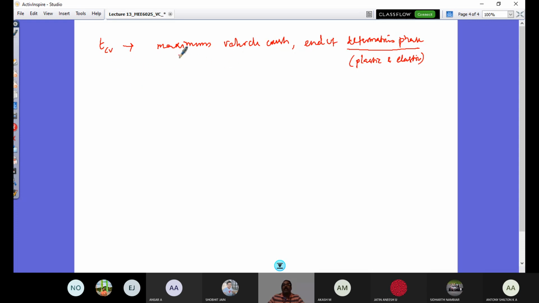It is not only the beginning of deformation, maximum value, and then restitution. All accounted together is what this TCV, the common velocity point, is. It is also the phase where the restitution phase begins at this time.